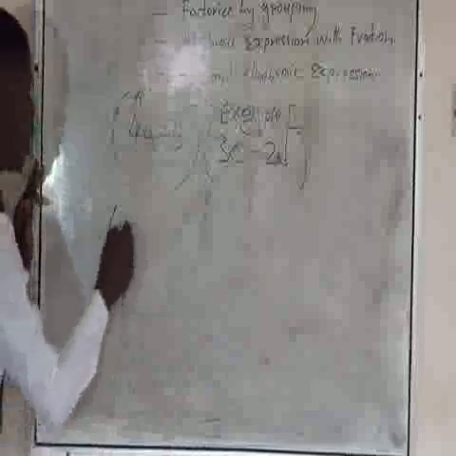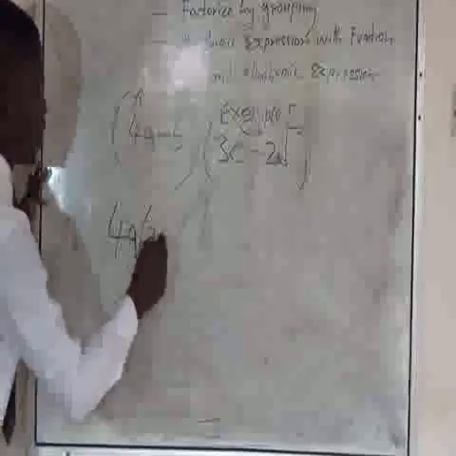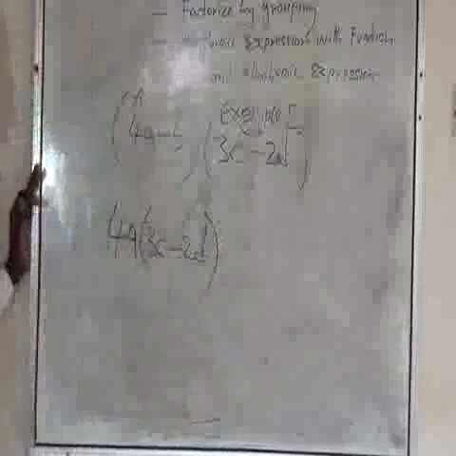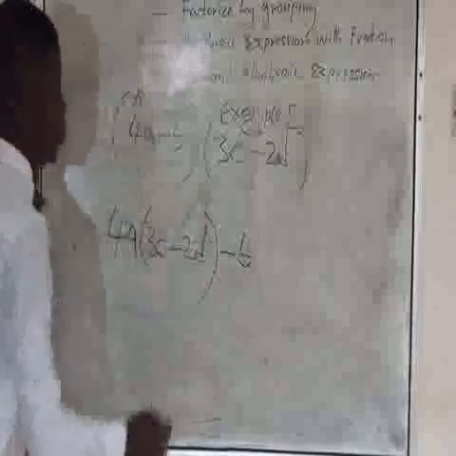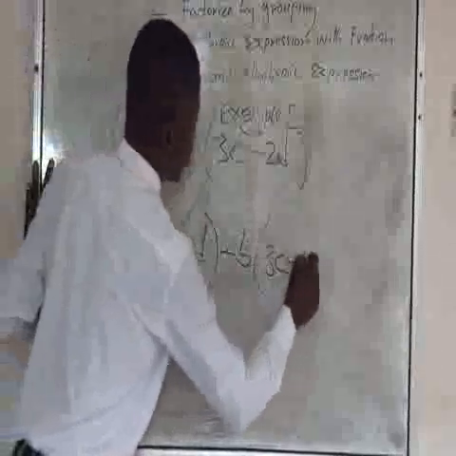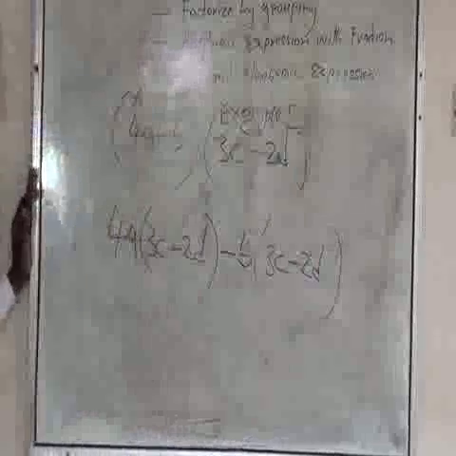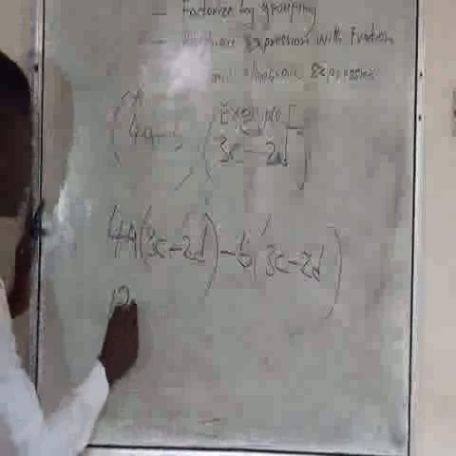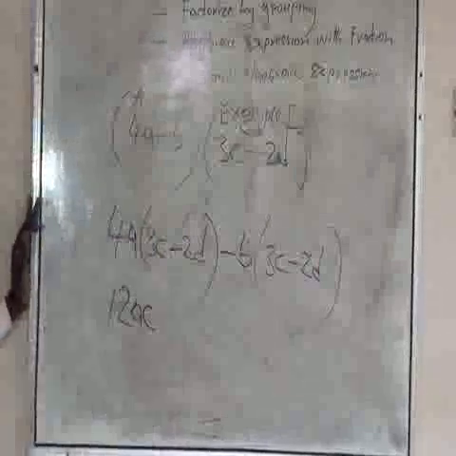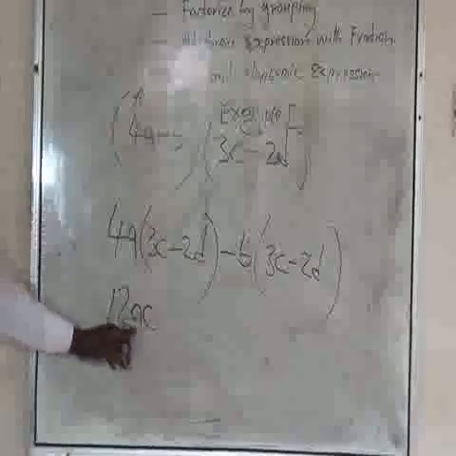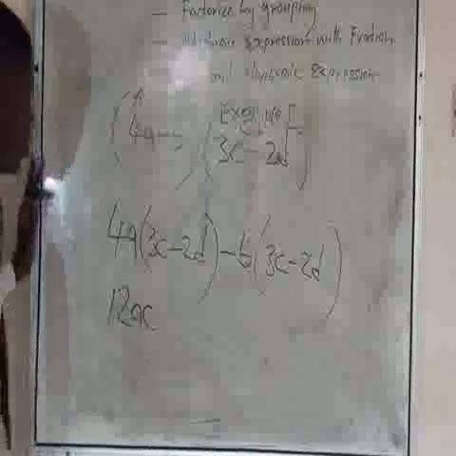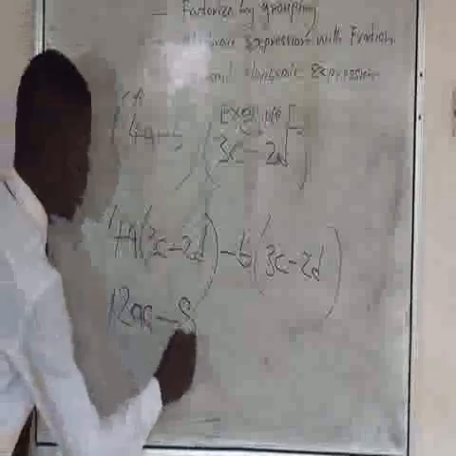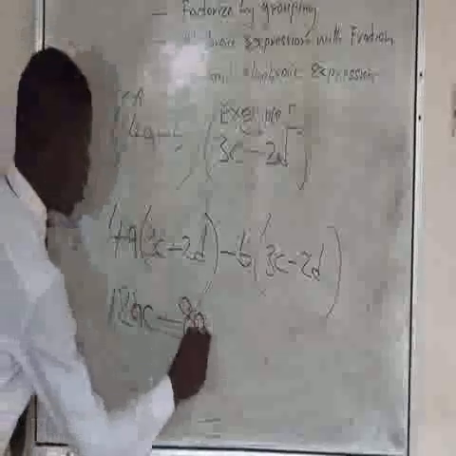Then we have 4a bracket 3c minus 2d, close the bracket, minus b bracket 3c minus 2d, close the bracket. Very good. Let's expand now. 4 times 3 will give me 12ac. Please try to arrange this according to alphabetical order. Then 4 times 2, you put your sign, minus 4 times 2 is 8ad.